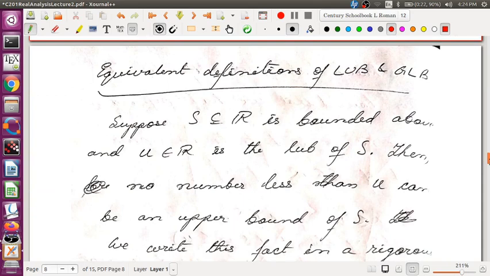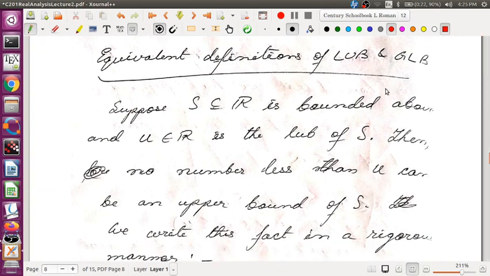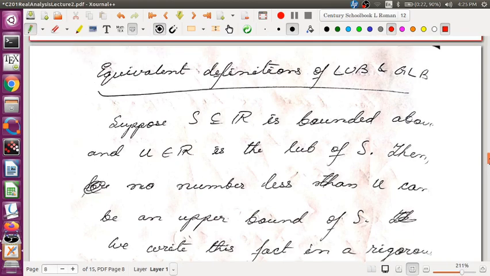Using this concept, we have an equivalent definition of least upper bound and greatest lower bound. Suppose S is a subset of R which is bounded above, and U belonging to R is the least upper bound of S. Then what is the meaning? The meaning is no number less than U can be an upper bound of S, because U is the smallest of all the upper bounds.